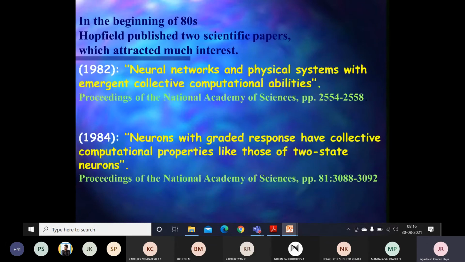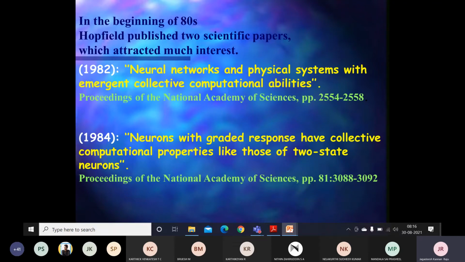In the beginning of the 80s, Hopfield, a physicist, published two scientific papers which attracted the entire global scenario, so that we could include the concept of Hopfield network in the domain of neural networks. In the year 1982, "Neural networks and physical systems with emergent collective computational abilities."